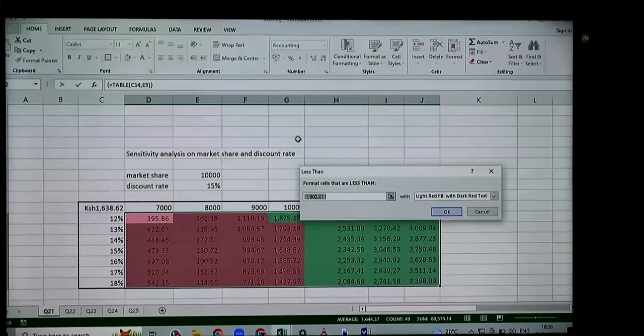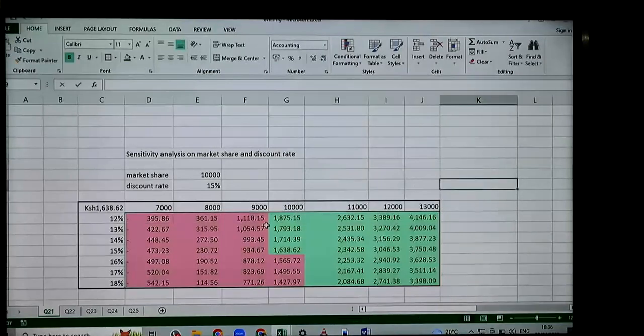For the less than, anything that will be less than our current value, which is 1638.62. Okay, so you can see that the above ones are above.